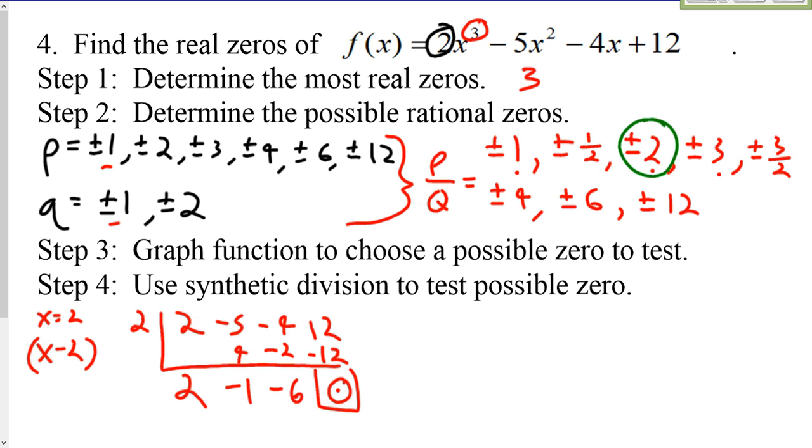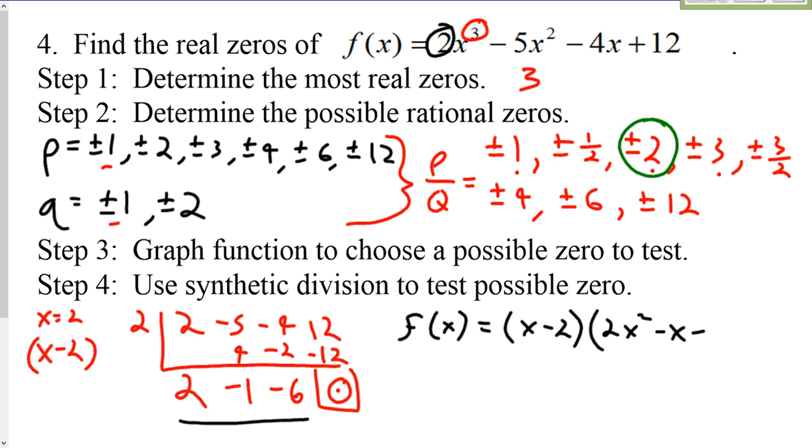So I know that, and then from there, I get that f of x can be written as x minus 2 times 2x squared minus x minus 6.